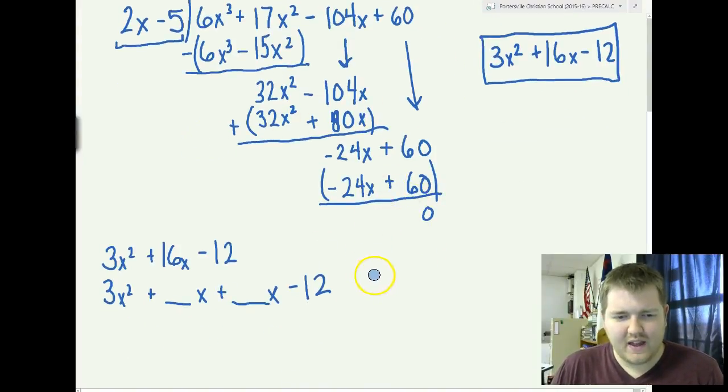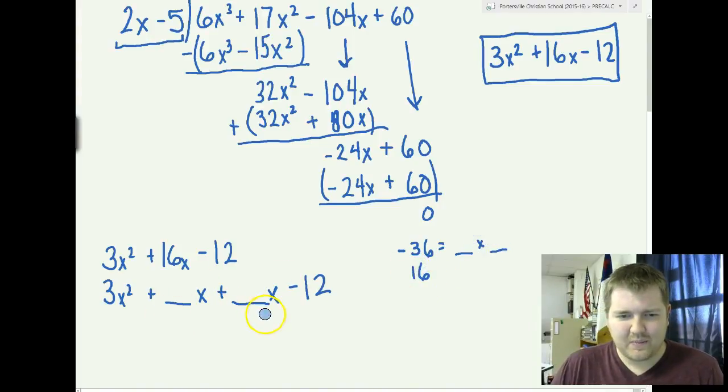So using the AC method, we'll need to figure out two numbers that multiply to give me a times c, which is negative 36. And they also need to add to give me 16 so I can separate the x's out.